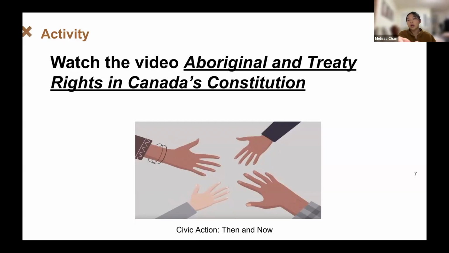For that reason, we've kept that word. In this case study, we talk about how Indigenous people secured their rights in our Constitution. That was a long and lengthy fight, but they were able to do it through different civic actions.